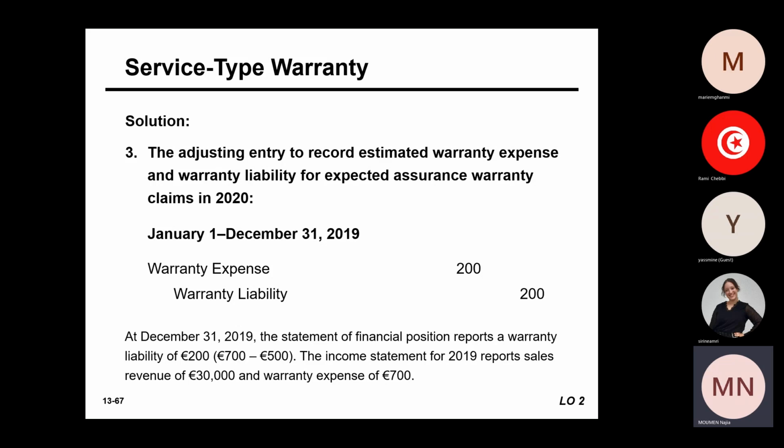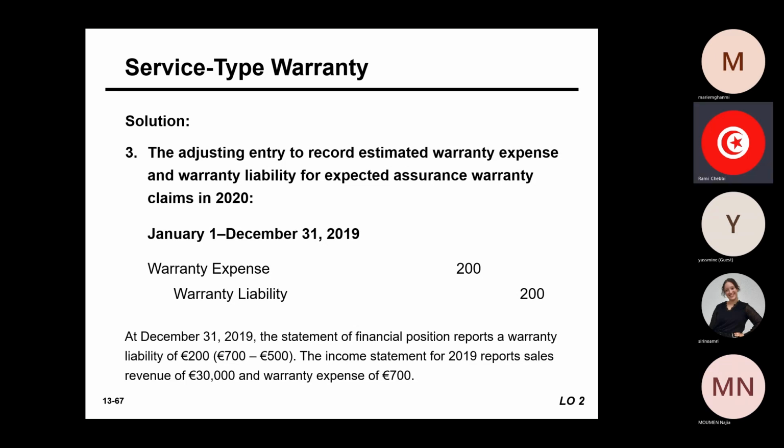So this 200 will be debited, and cash, inventory or accounts payable, etc., will be credited for 200. This is expected to be settled in 2020, and this is how we settle the liability. We debit the liability and credit the related account such as cash or inventory or any accrued payment. Okay.